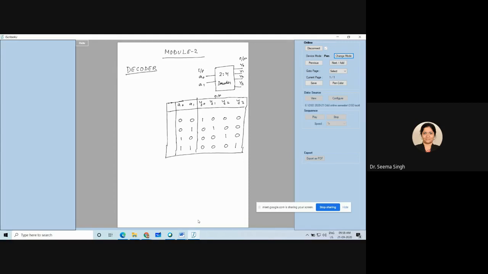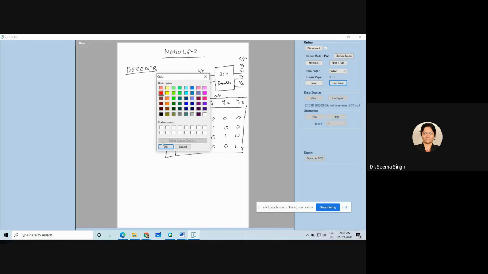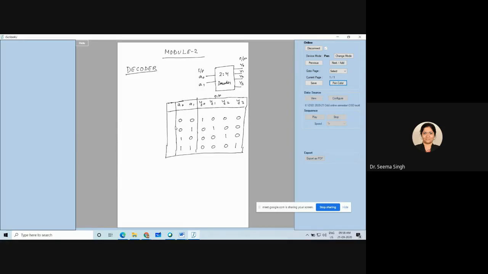Now, if I ask you to make the circuit using basic gates for this decoder, can you tell me what will be the equation of Y0, Y1, Y2, Y3 in terms of A1 and A0? What will be Y0, Y1, Y2, and Y3?